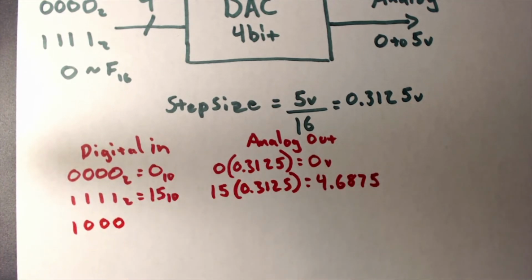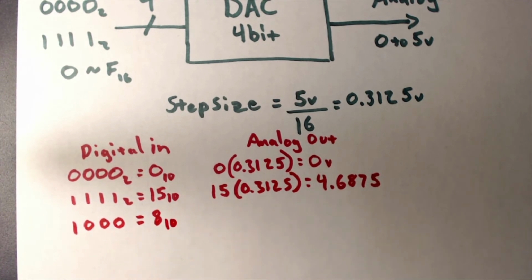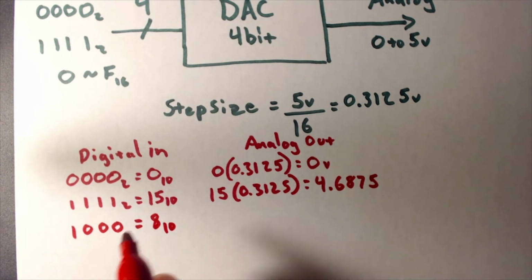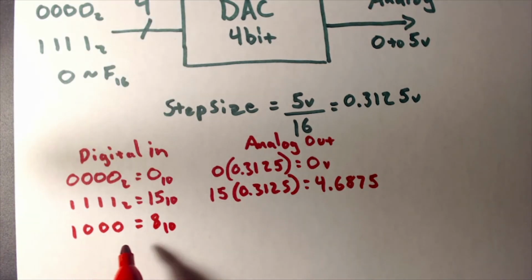Okay, so now let's do half of that. 1000. Okay, 1000 would be 8. Well, what would this DAC produce on its output if we gave it a digital input of 1000?